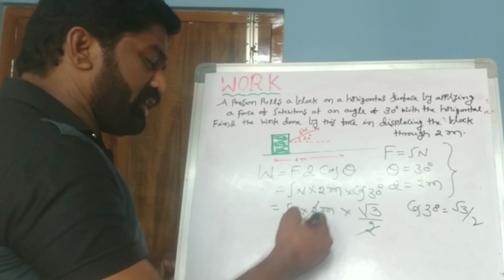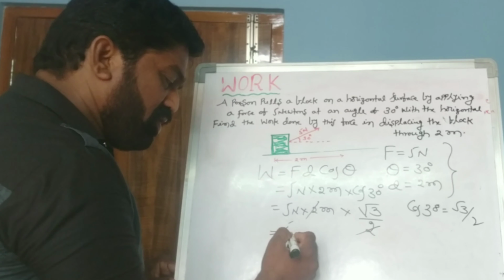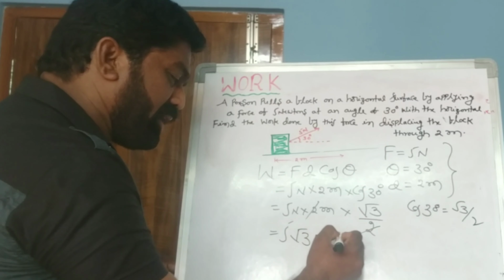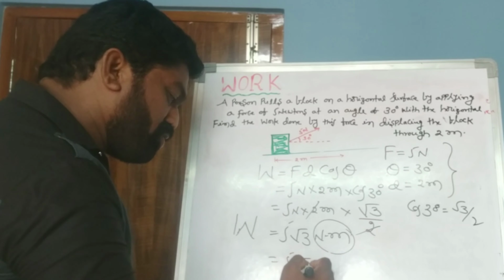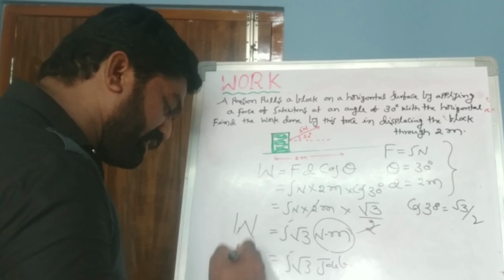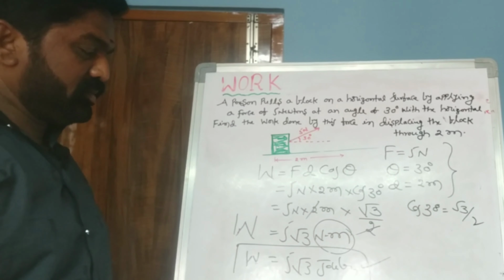Now the 2 gets cancelled, then we get 5 root 3 Newton meter. Now the work done W equals 5 root 3. Newton meter is nothing but joule. So 5 root 3 joules. So this is the work done, 5 root 3 joules.